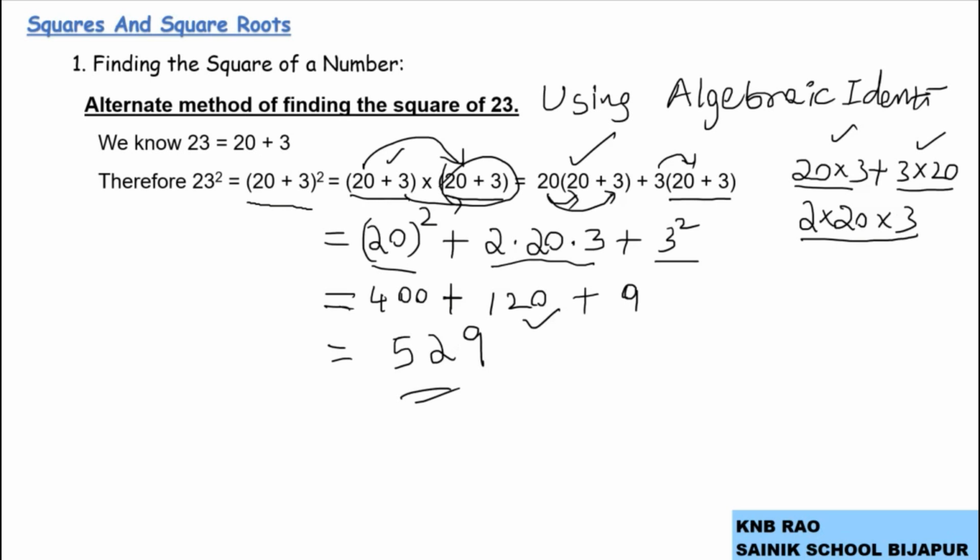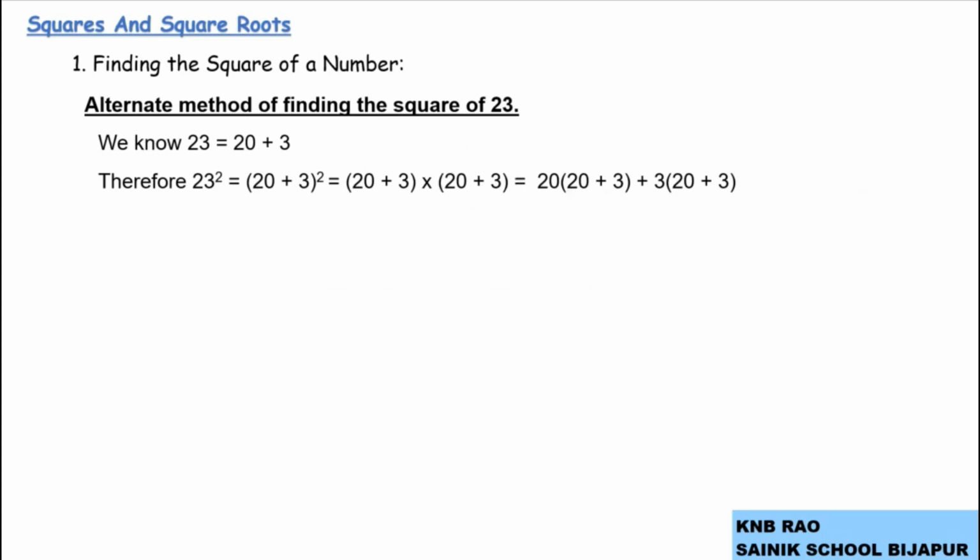Students, the same thing I am going to explain. Here, 20 square plus 20 into 3 plus 3 into 20 plus 3 square, which gives us 400 plus 60 plus 60 plus 9, and that gives us 529 as the answer.